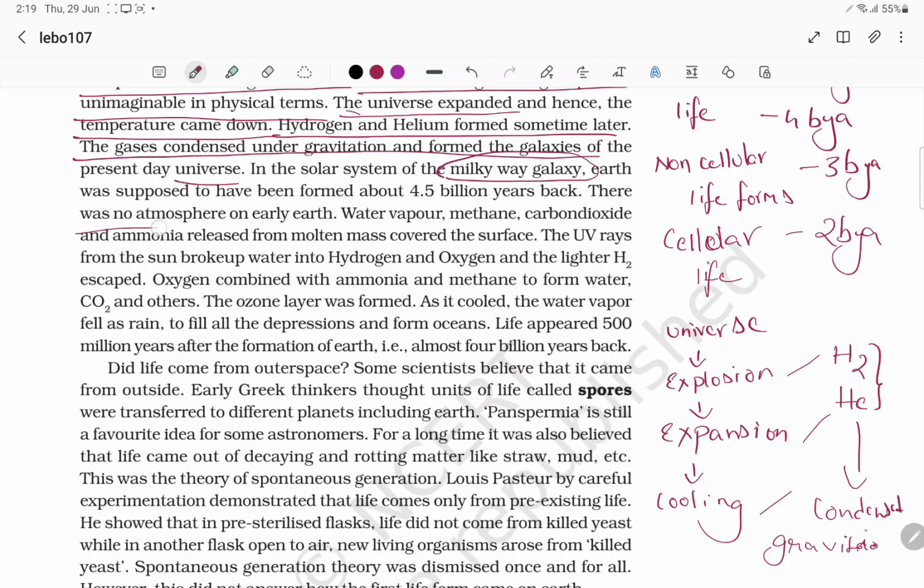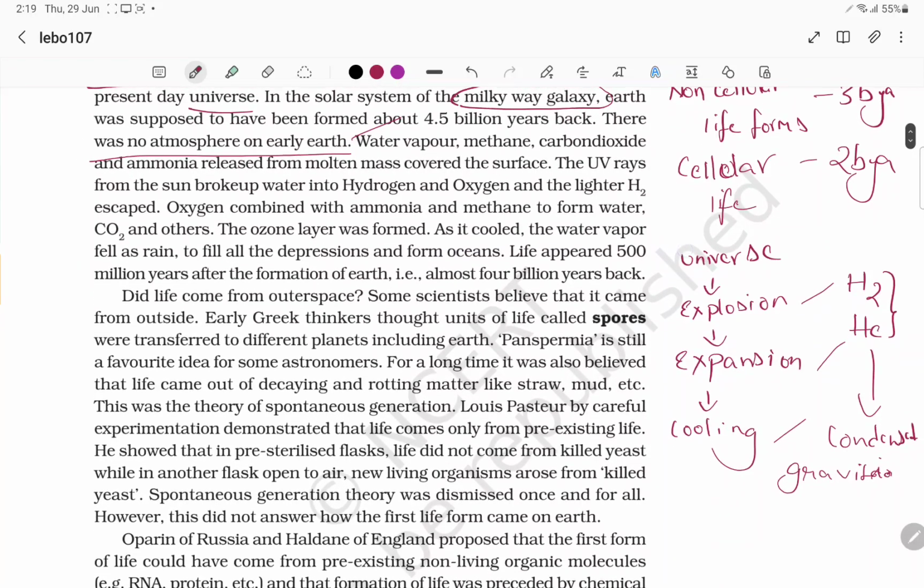Early Earth had no atmosphere, meaning no gases, no air, nothing. You have to remember the list: CH4, methane; NH3, ammonia; water vapor, H2O; and carbon dioxide.